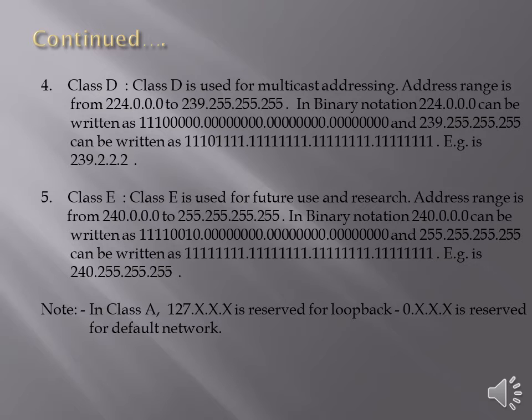In binary notation, 240.0.0.0 can be written as 11110010 and all zeros in remaining octets. 255.255.255.255 can be written as all ones in all four octets. Example of class E IP address is 240.255.255.255.